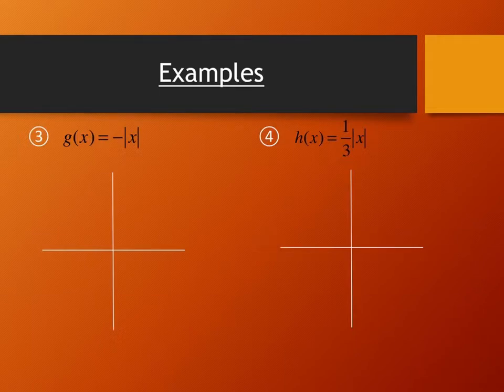Or you could say it's going to be flipped downward or reflected downward. Yeah, the negative is a reflection, and it will reflect downward instead. So the origin will still be our sort of starting point, and we'll still go right and left 1. But when we go right 1, we'll go down 1, and when we go left 1, we'll go down 1. So it will open downward. That negative will be how it's opening. It's opening downward now instead. It's a reflection.